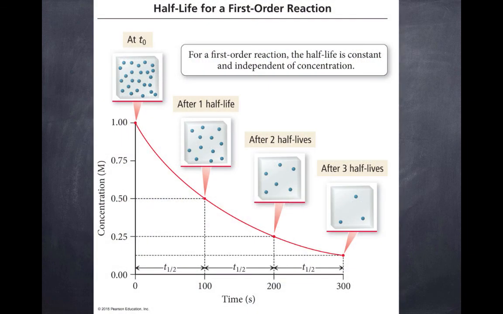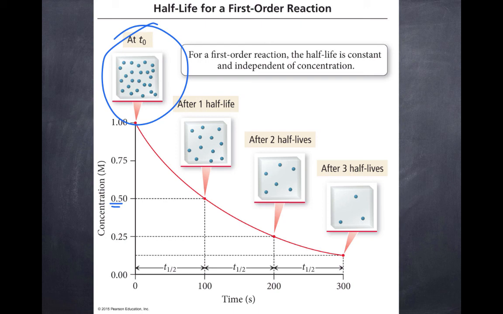We can look at a graph of concentration versus time if we want, and there we see if we start at time 0 up here, we have a concentration of 1 molar, and so when we get to half molar, the time it takes to cut that concentration in half is the half-life.